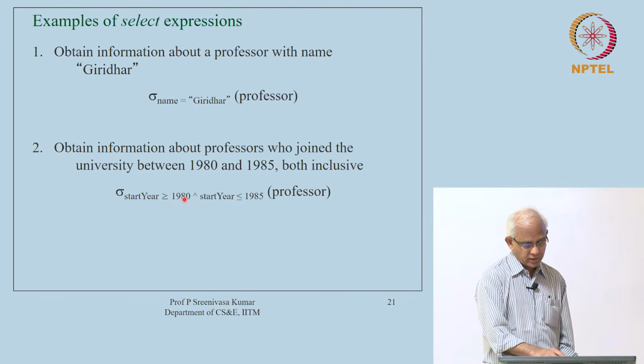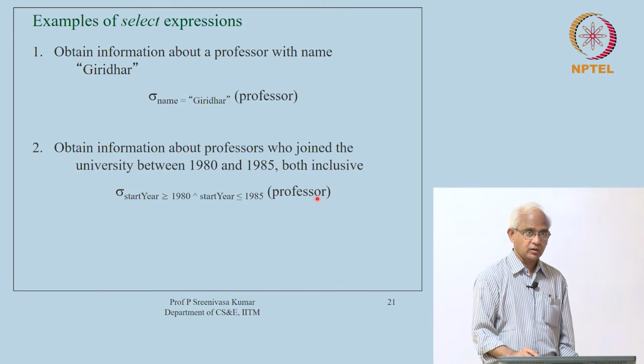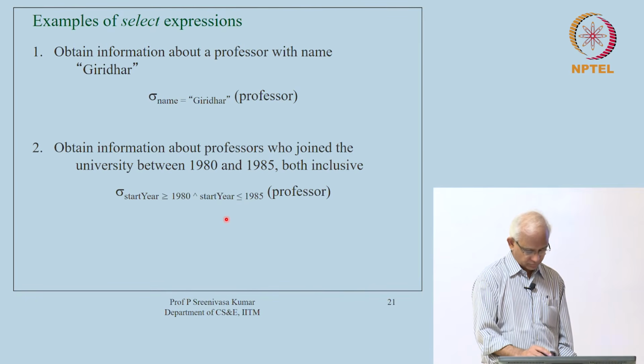So here I use this short way of expressing: start year is greater than or equal to 1980 and less than or equal to 1985, exactly between these two things. So this will contain all the professor tuples whose start year lies exactly between 1980 and 85 inclusive.